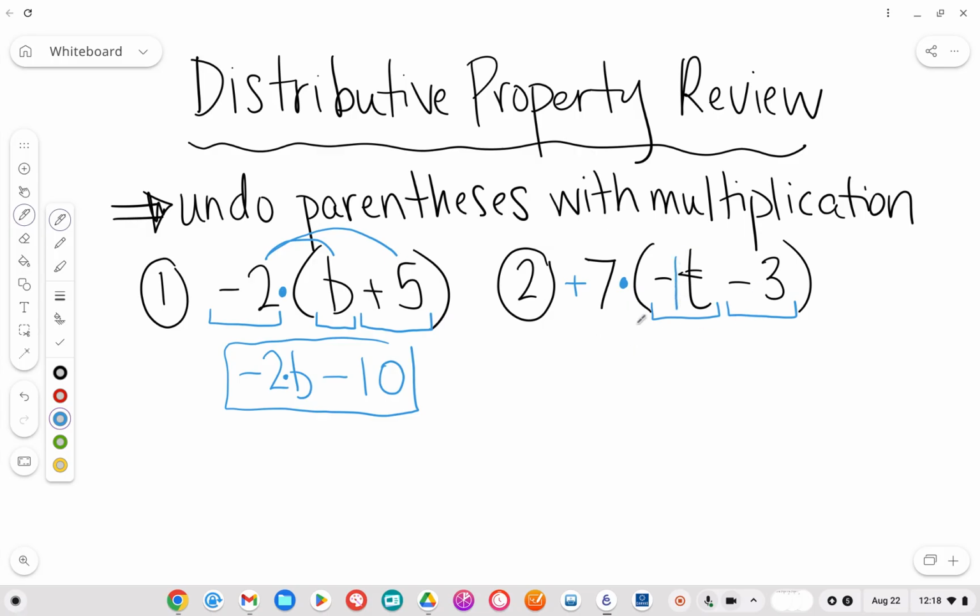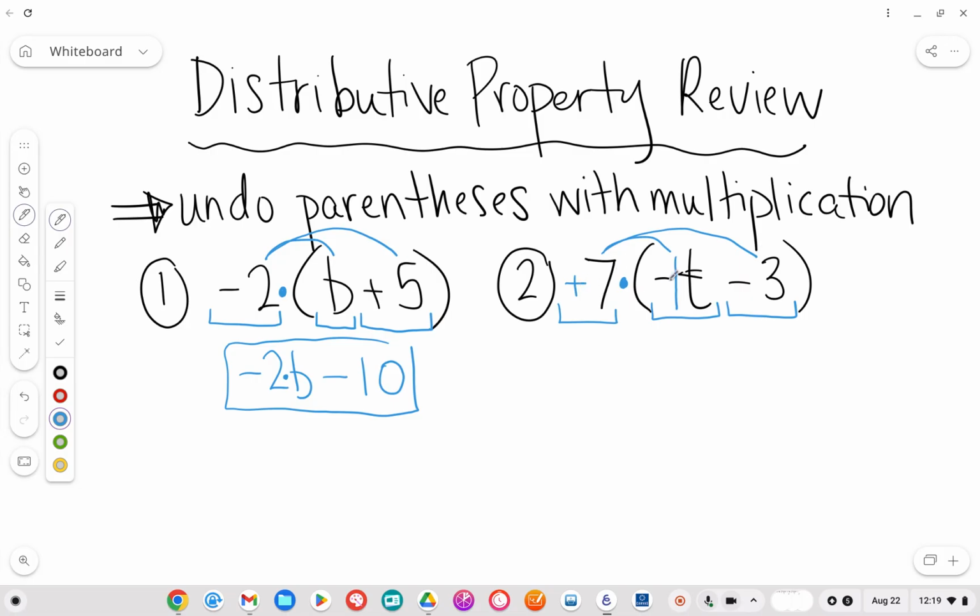So before you even start the problem, if you have a hard time knowing what to multiply or what to do, how about you put in all the kind of invisible pieces and break it out so you know what you're working with, okay? So we're going to distribute this positive 7 to both of the terms.